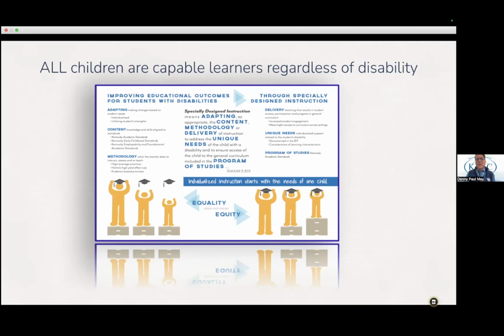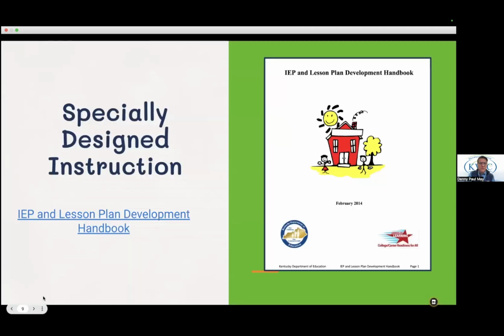It also provides access to the general curriculum or the program of studies, as you will see here. Basically, if you want to put a definition to it, it's providing students what they need when they need it, for those unique differences, providing equity in the classroom, and also access.